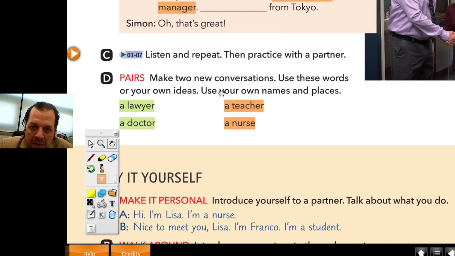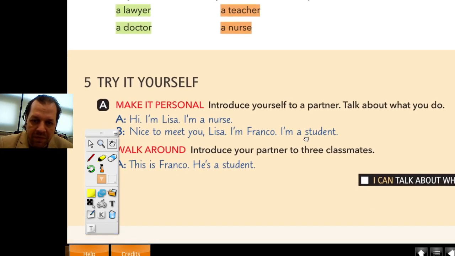You can make two new conversations like these introductions. Here are some words that we've used or seen earlier, or you can use your own names and places and show me a small introductory conversation between people introducing themselves. You can also talk about yourself. Okay, what do you do?